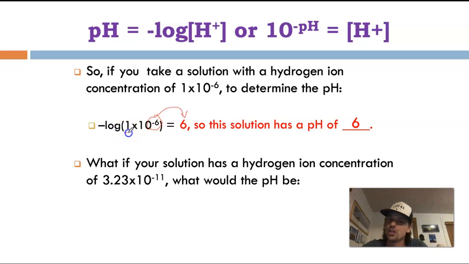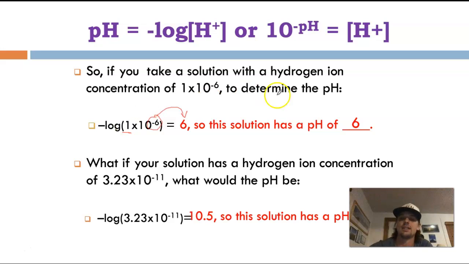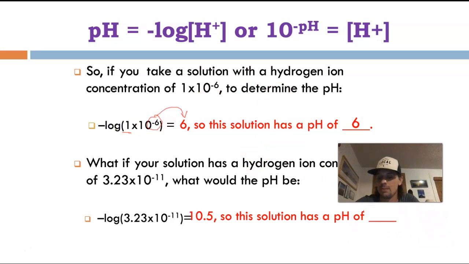But if your coefficient is not 1, it's best to put it in your calculator. Really, I want you putting it in your calculator all the time. So here I take the negative log of 3.23 times 10 to the negative 11th, and it's going to be somewhere around 11, but it ends up being 10.5. So the pH of this solution is 10.5.